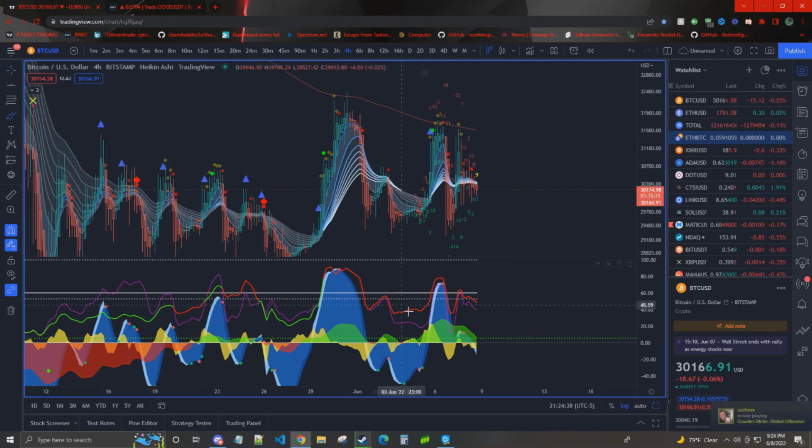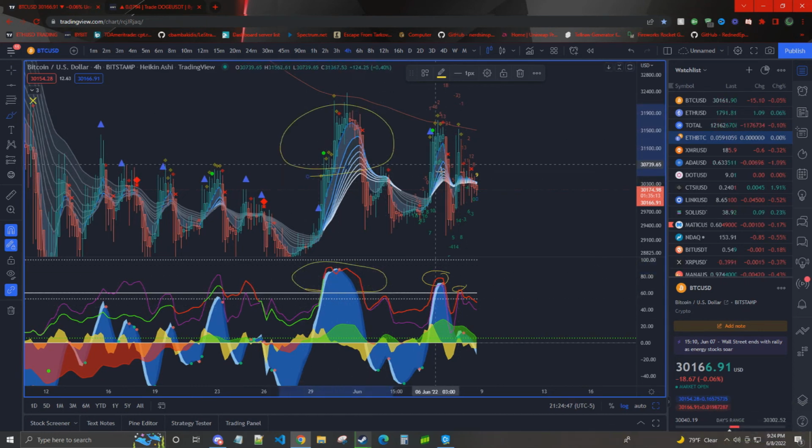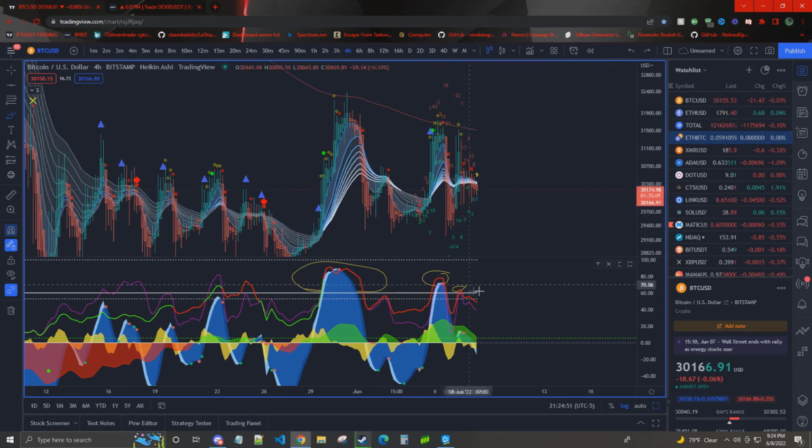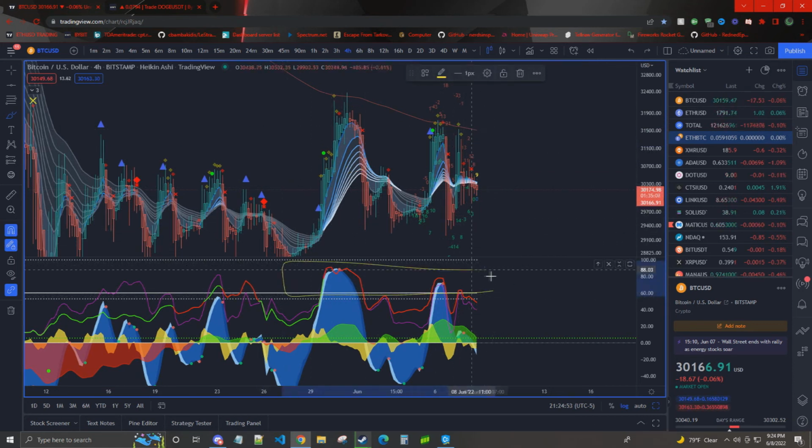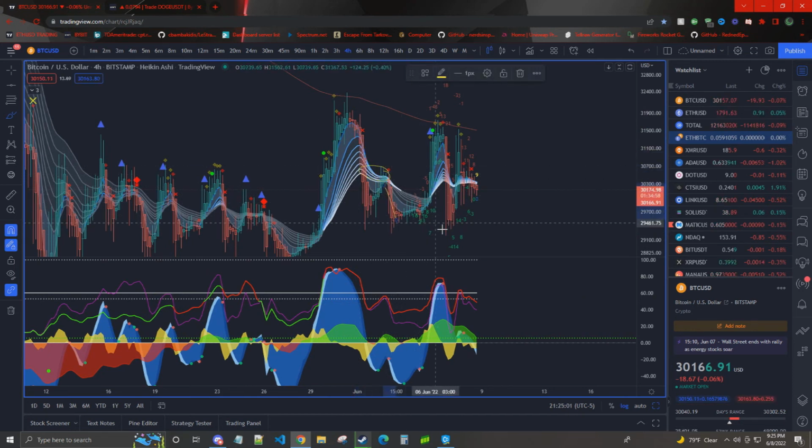And as you can actually tell, every time the RSI comes over this 60 mark, that has been really good short entries. So that basically means it's being overbought. And anytime that has happened, it has been a good short entry. I entered here, got the short. I entered here, got a little bit of that short.